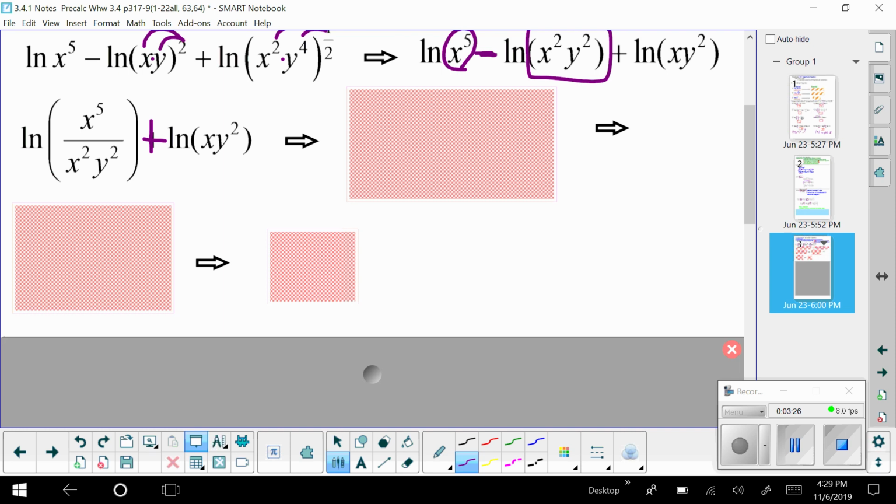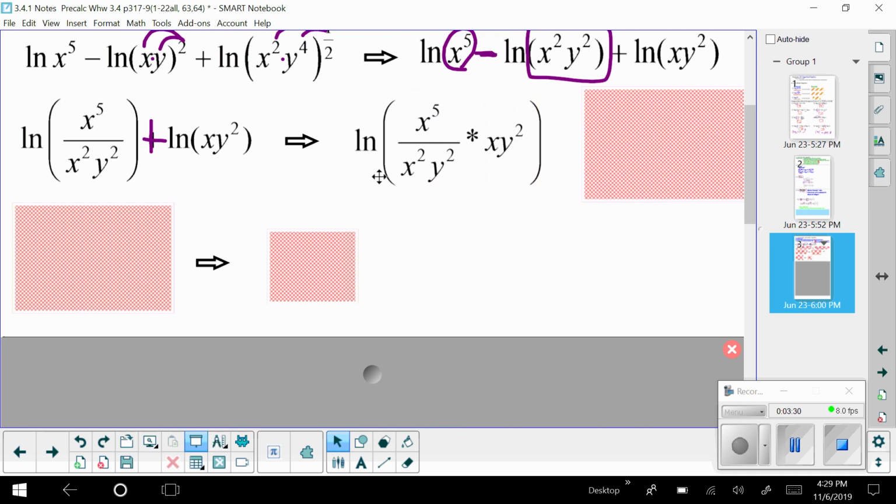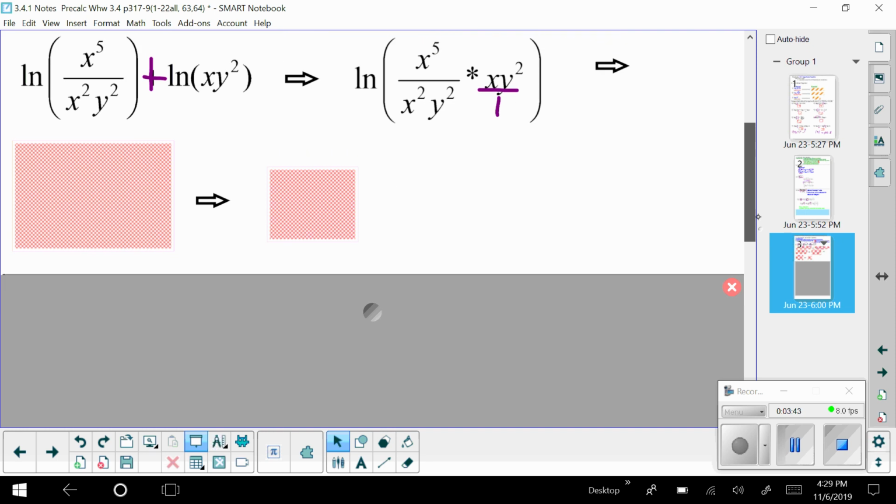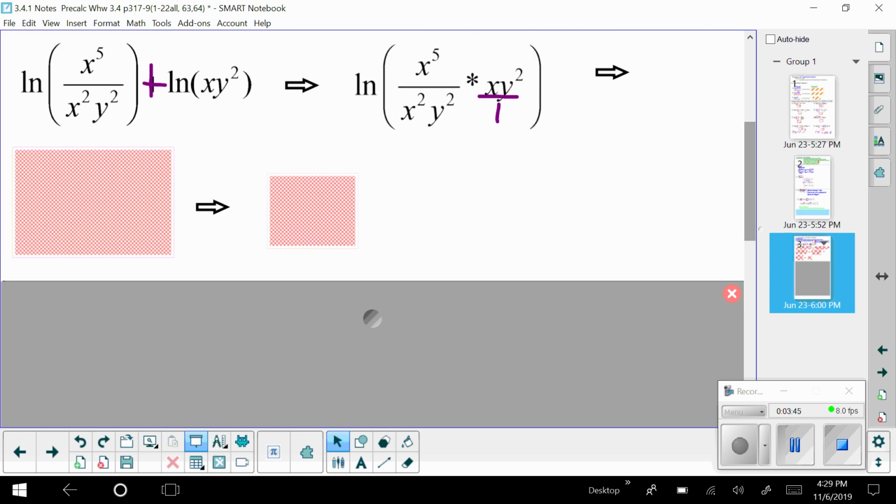Well, that is a multiply problem. So to condense this, I'm going to turn this into multiply. Now, if you want to, you can write this over 1 if that helps you when you're multiplying your fractions together. So now we have the natural log of the quantity x to the 5th over x squared y squared times xy squared. And again, I'm just going to multiply my fractions together.